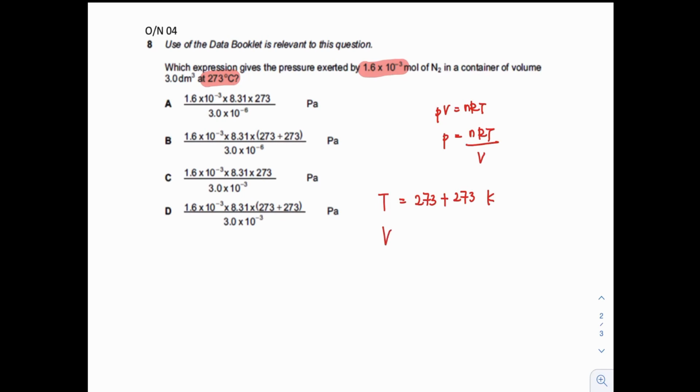Whereas the volume, which is in 3 dm cubed, has to change it to meter cube by multiplying 10 to the power of -3. So number of mole is this. This is 8.31. So this is the temperature and this is the volume. The answer is D.